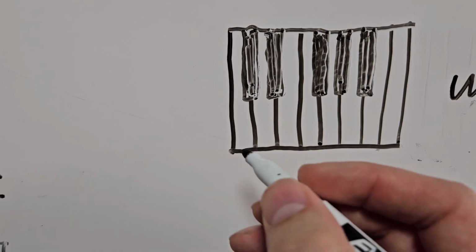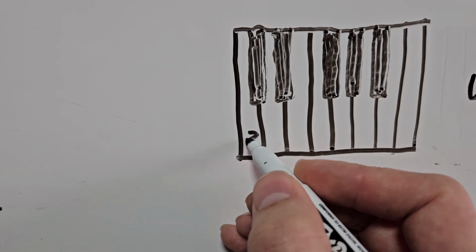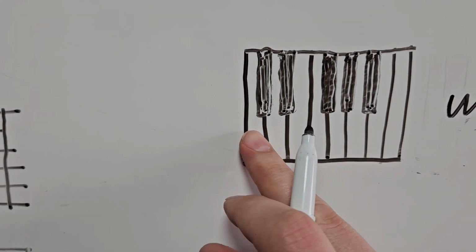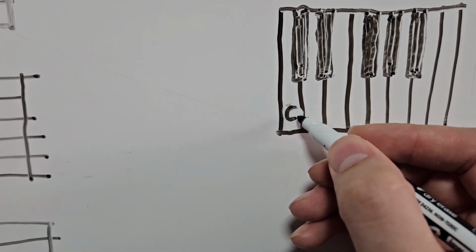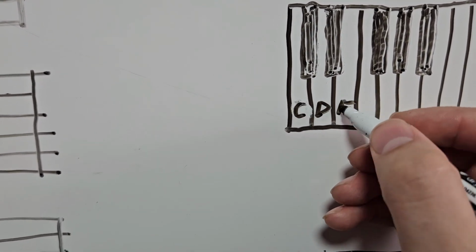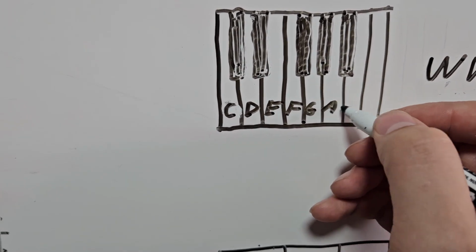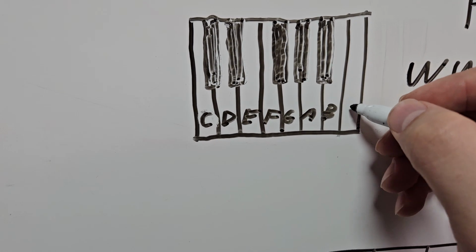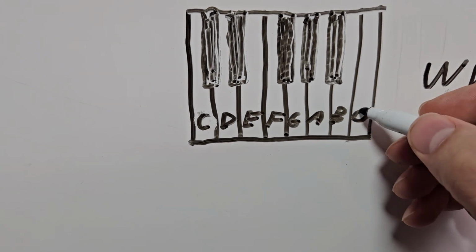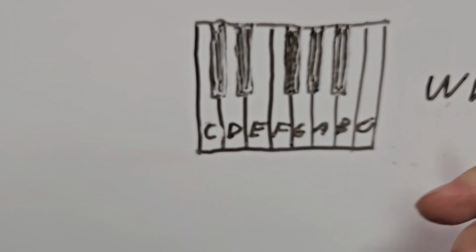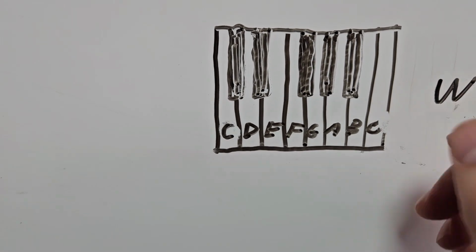So I'm sure you've heard, you got your C, D, E, F, G, A, B, and then you're back to C, which is an octave, which is another way of saying the same thing but higher.